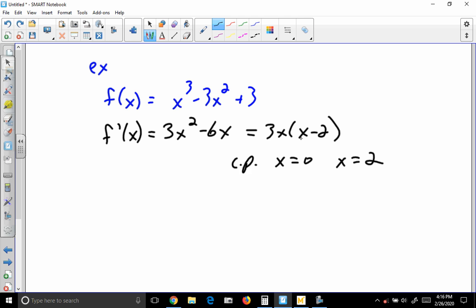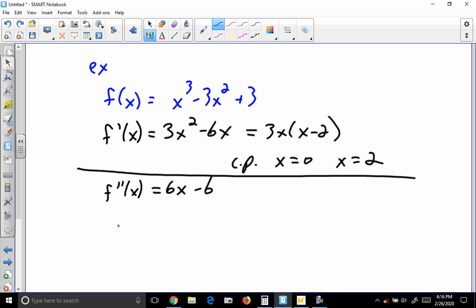So those are the values that make our first derivative equal to 0. Now if we take our second derivative, we get 6x minus 6. So if we substitute our first critical point in for x, we get negative 6.